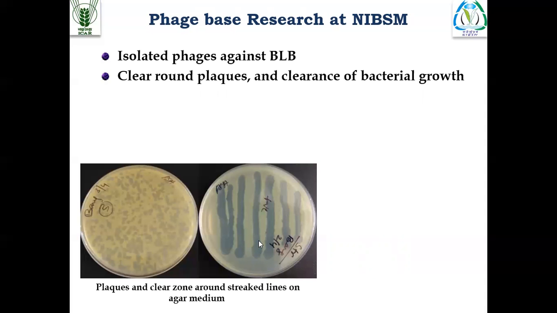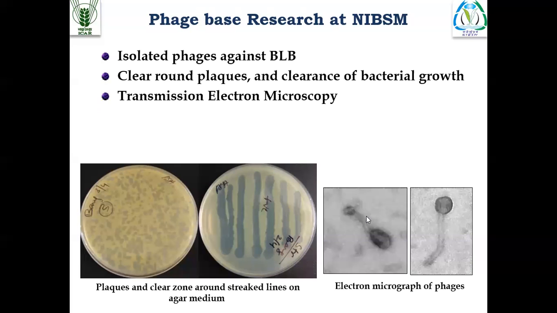These phages were highly genus and species specific to their host, Xanthomonas oryzae pathovar oryzae, and did not even have lytic activity against other heterologous bacteria. On transmission electron microscopy, all the phages were found to have head and tail morphology and belong to different families of phages.